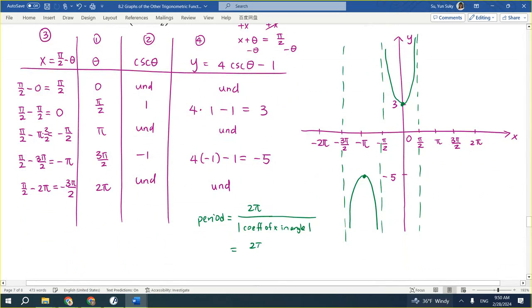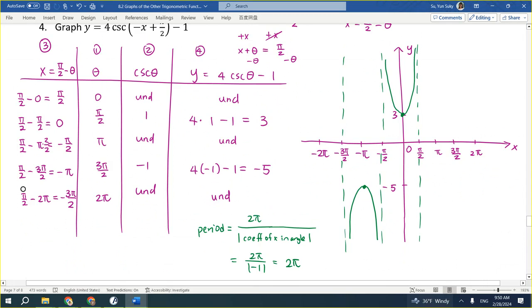Therefore, it's 2 pi over the absolute value of -1, which is 2 pi. Your period is never negative. Is that clear, everybody? If you see the coefficient is negative, you put an absolute value to make it positive.